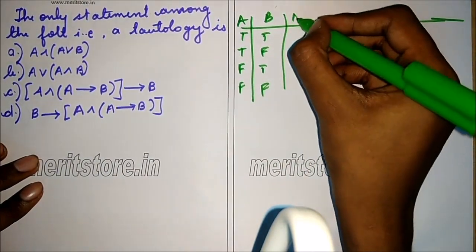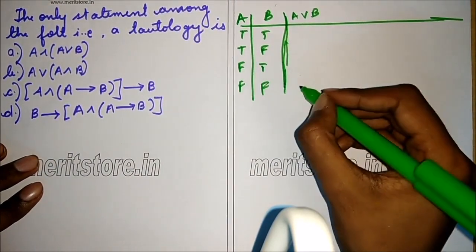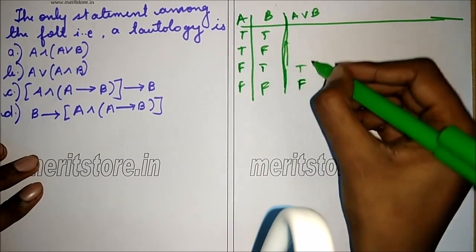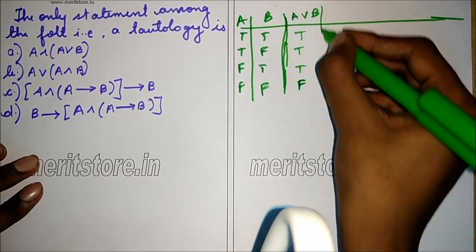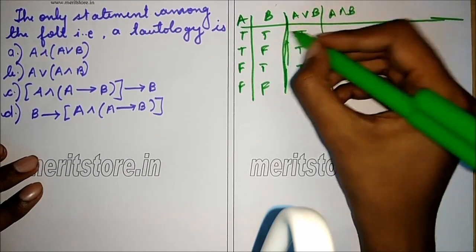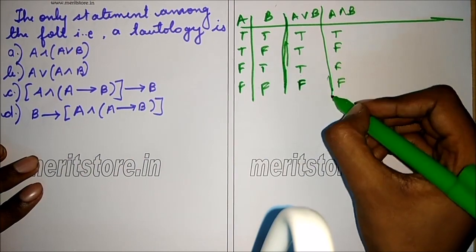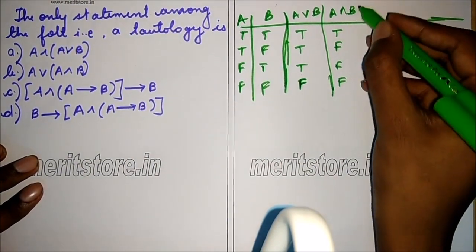So A or B will be, both should be F, FF is F, else it is true. And A and B, TT is T, else it is false. So this is for and.